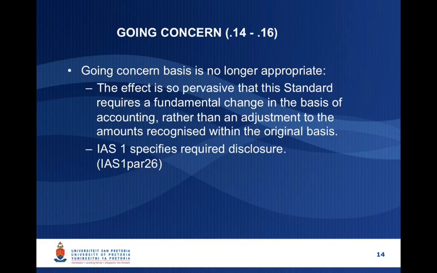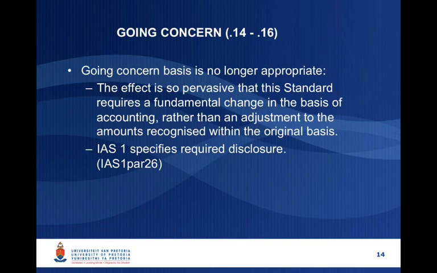And then in terms of IAS 1, you will disclose certain things. Remember, if a company does not intend to trade or it has no alternative to do so, the user of the financial statements needs to see it, and that's why they say it requires a fundamental change in the basis of accounting rather than just an adjustment to the amounts.